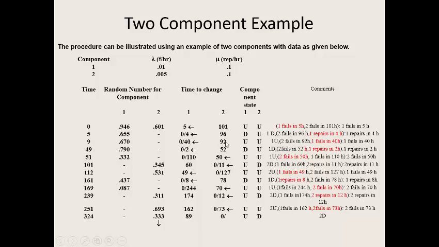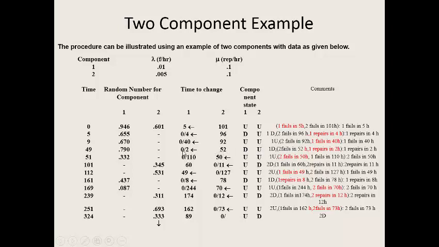This component still has 92 hours. So we advance by 40 hours, 9 plus 40, 49. So this is set to 0, and this is set to 92 minus 40, 52. So this component fails, and this component is still up.